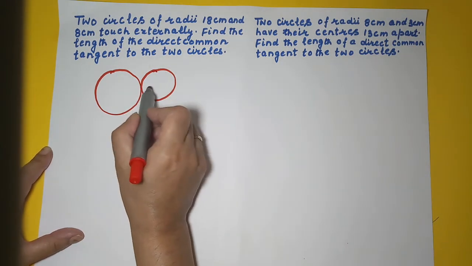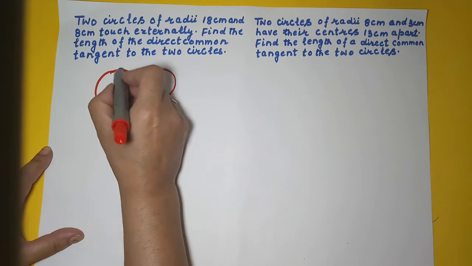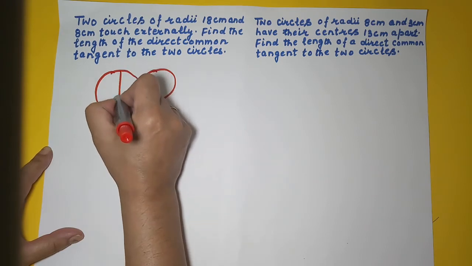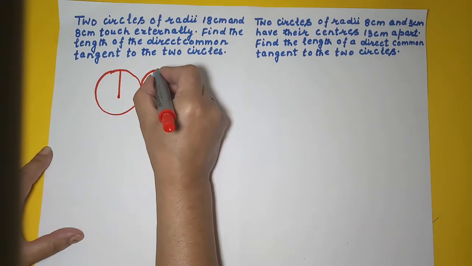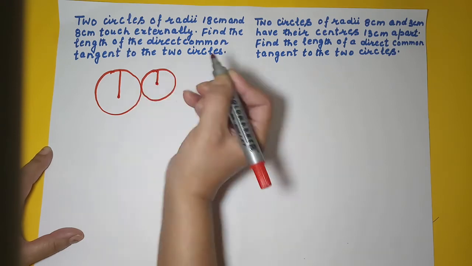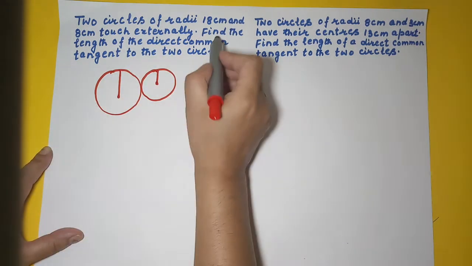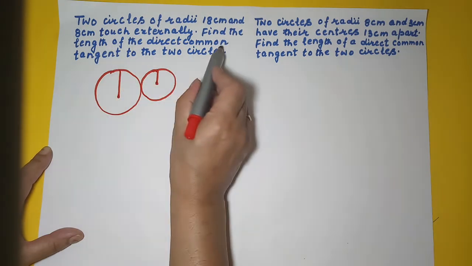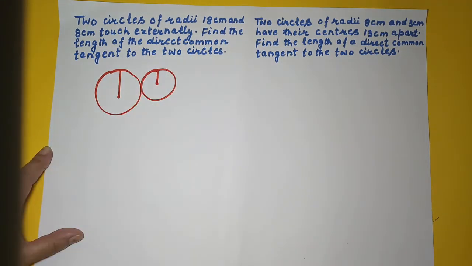They touch each other externally. The radius of this circle is 18 centimeter and the radius of this circle is 8 centimeter, right? Find the length of the direct common tangent to the two circles.